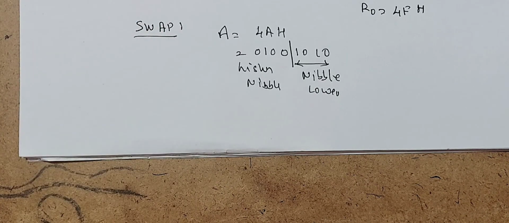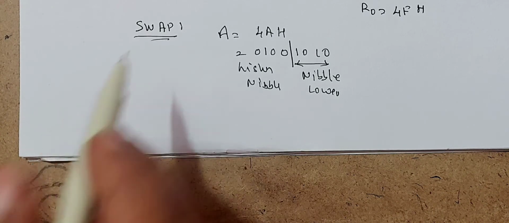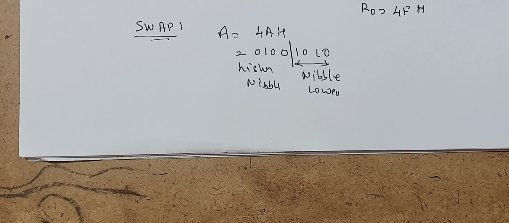Exchange exchanges the entire 8-bit data from source to destination, whereas swap works only on register A. SWAP A means whatever data is present in A is swapped: the lower nibble becomes the higher nibble, and the higher nibble becomes the lower nibble.